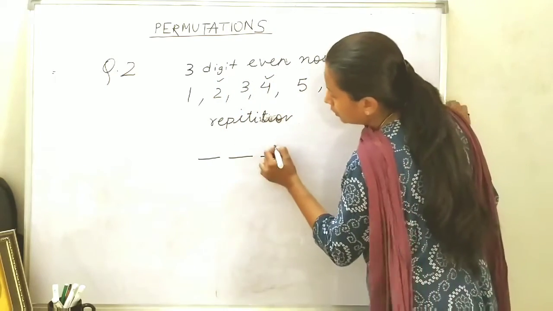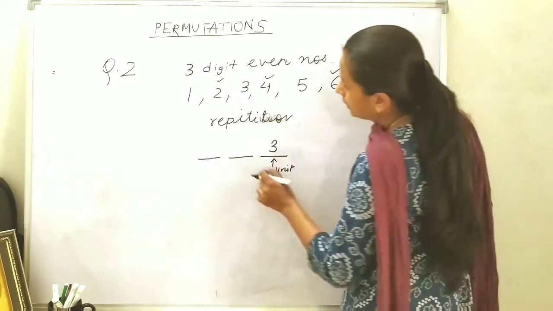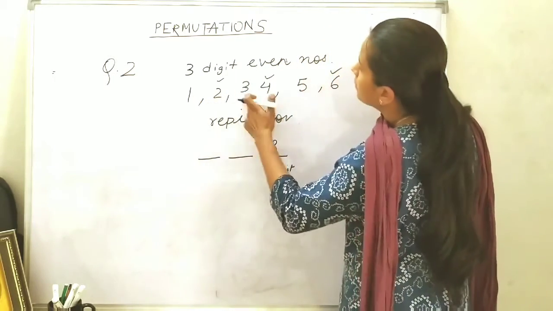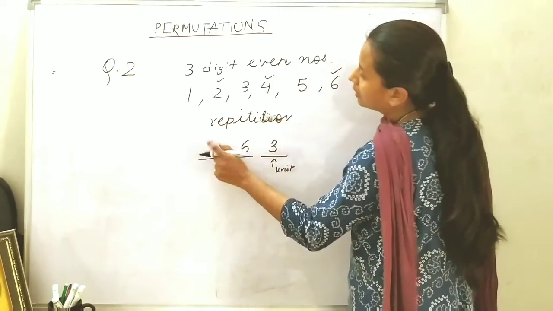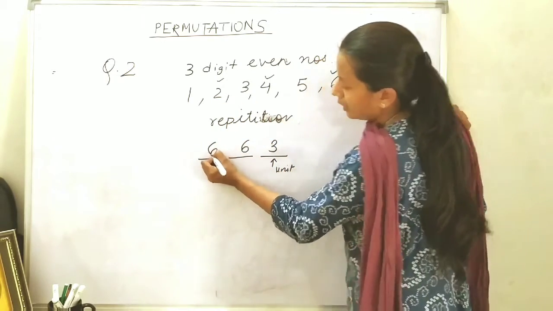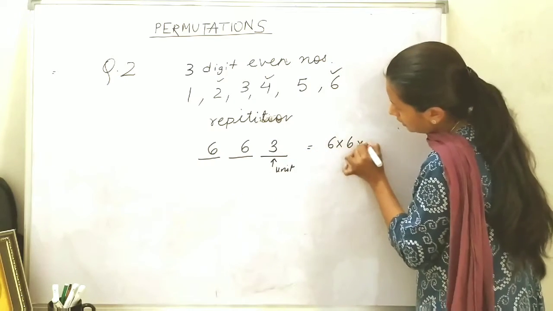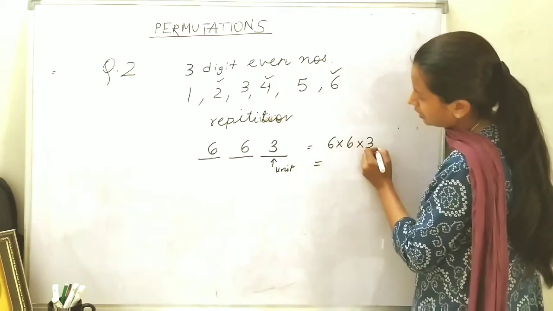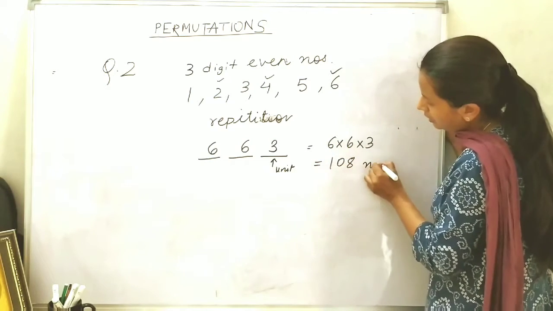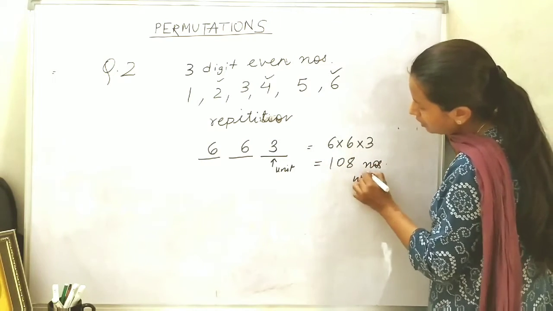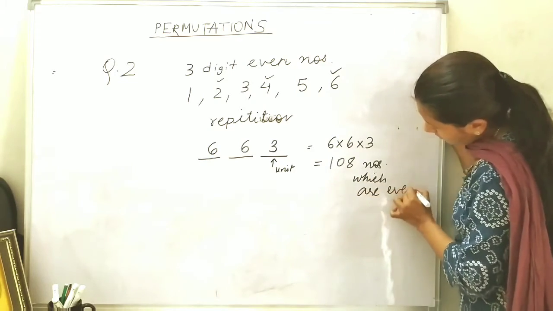So the unit place has 3 options only. Now the tens place has 1, 2, 3, 4, 5, 6 options, and the hundreds place also has 6 options. So we get 36 into 3, that is 108 numbers which are even.